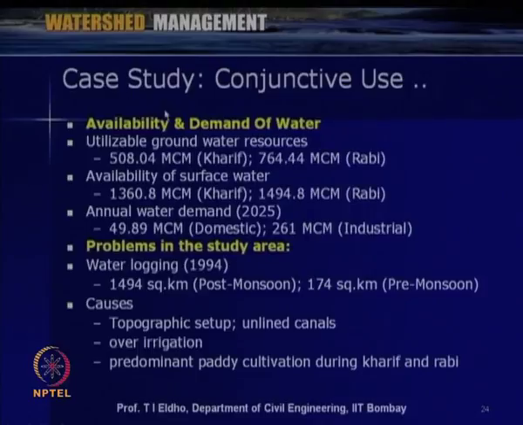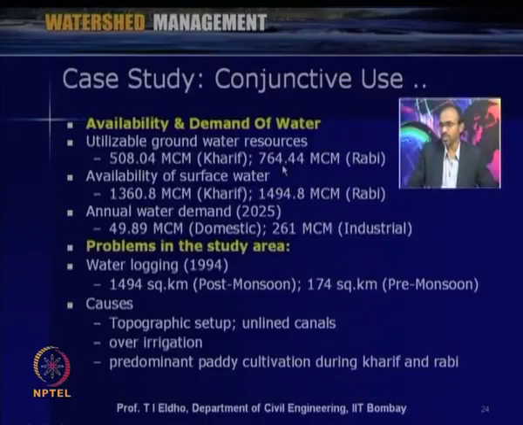As far as availability and demand are concerned, the utilizable groundwater resource is about 508 million cubic meters in the Kharif season, that is, the rainy season, and 764 million cubic meters in the Rabi season, that is, after the rainfall and during the summer season. The availability of surface water is 1,360 million cubic meters in Kharif and 1,498 million cubic meters in Rabi season.